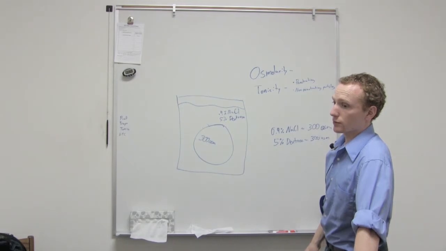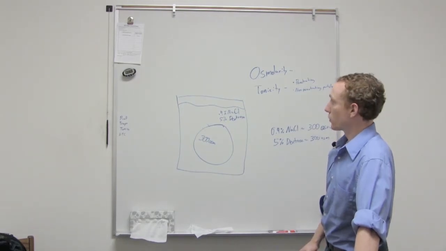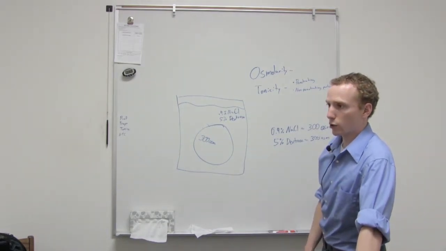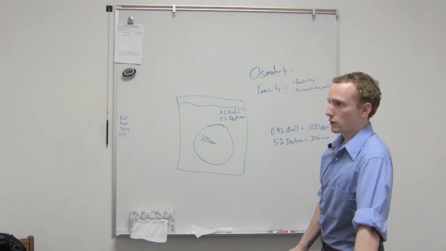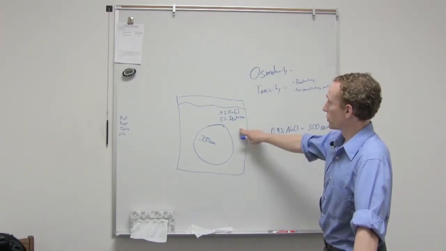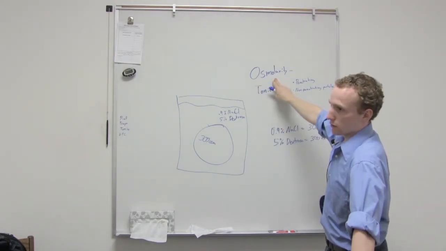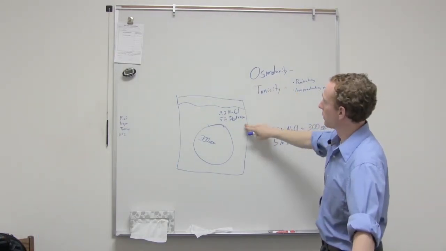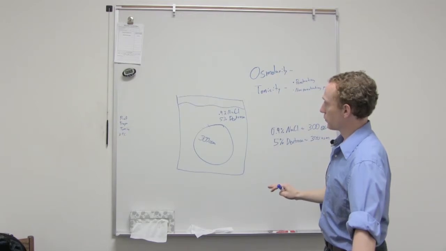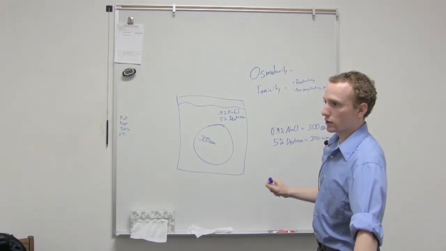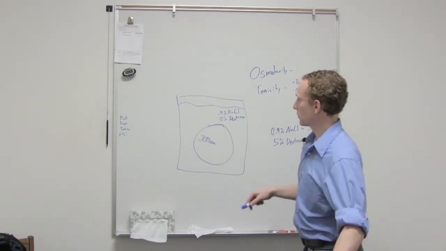So the solution has more. What means more? Hyper. So the solution is hyperosmotic. What about tonicity? What's going to happen? The dextrose is going to go into the cell.